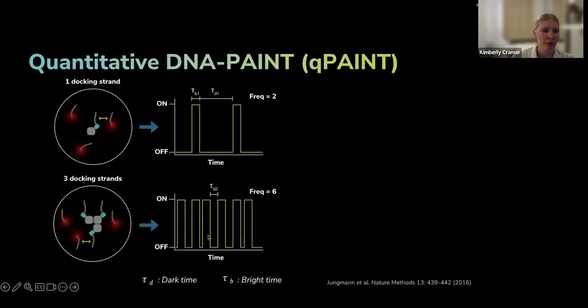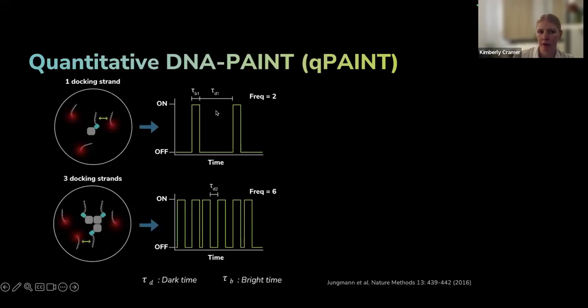So here, for example, you see a situation where we have 1 target in our sample or 1 docking strand, and a situation where we have 3 docking strands or 3 targets in our sample. If you're looking at 1 docking strand over a certain amount of time, the imager will bind twice, and this will give us a frequency of 2. And the time when the imager is bound to the target is called the bright time.